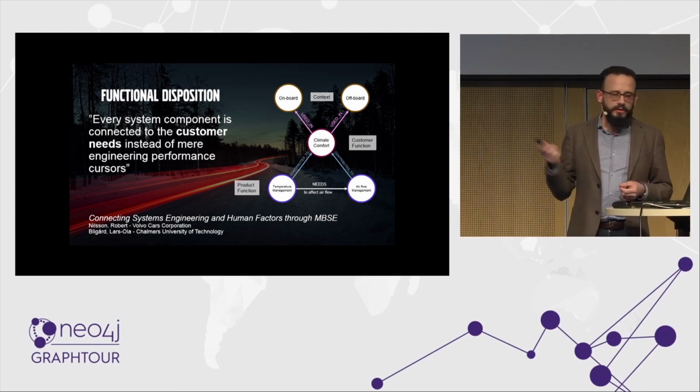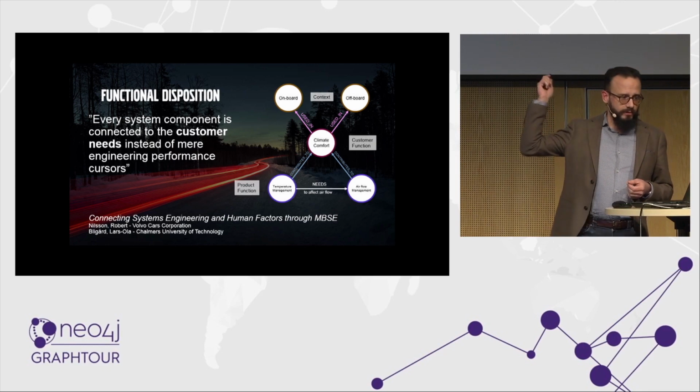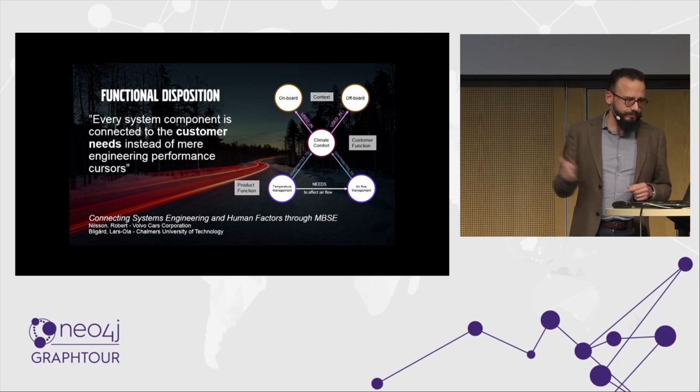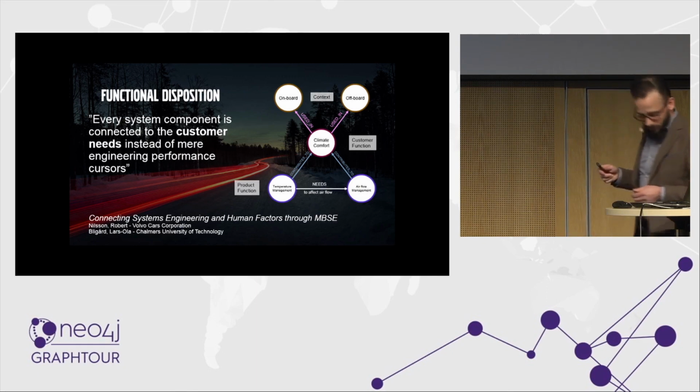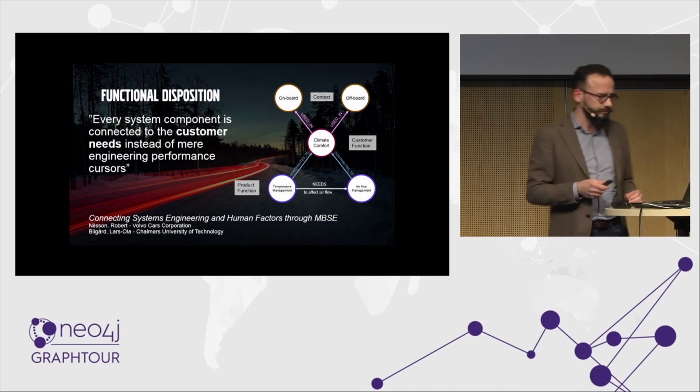So starting from that, we could map the product functions on the bottom layer in a way that describes how they together realize the customer needs in the different usage contexts. In this example, for instance, a customer need is climate comfort.